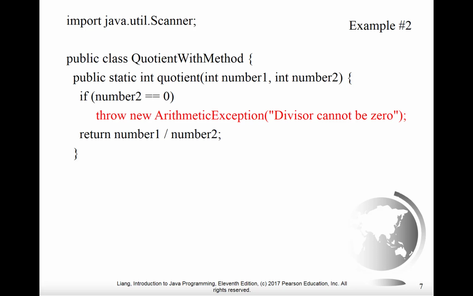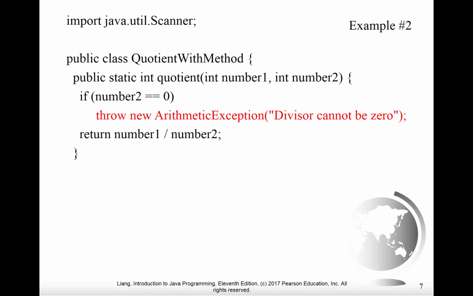The if statement says if number 2 is 0, then I know I can't do this. So instead of blindly dividing, I'm going to throw an exception. We do this by saying throw, and then we produce an exception object by saying new ArithmeticException, and then as an argument for its constructor we give a string that says divisor cannot be 0.